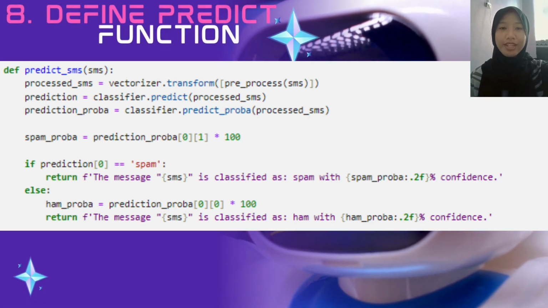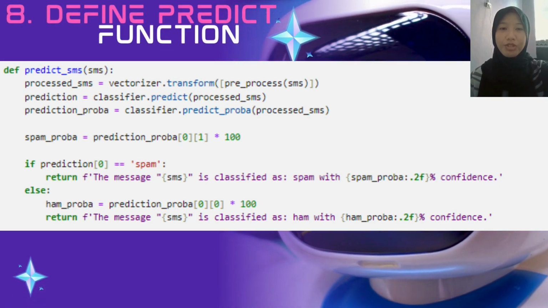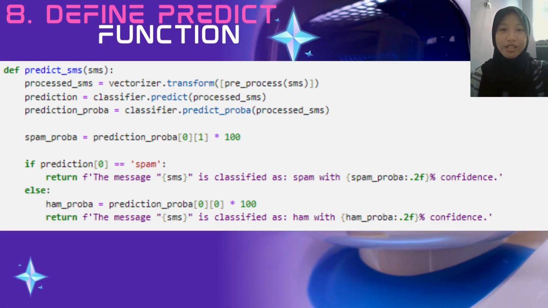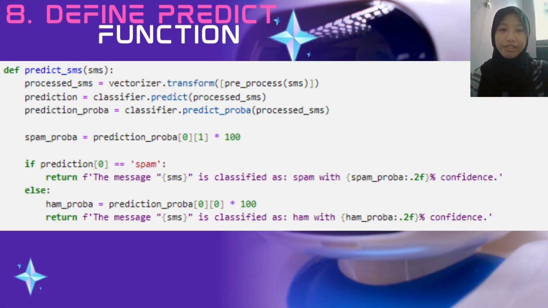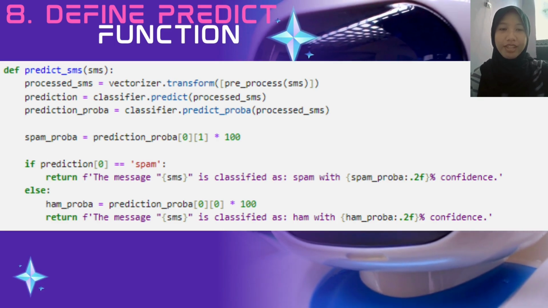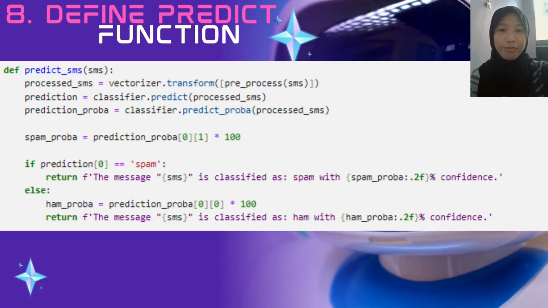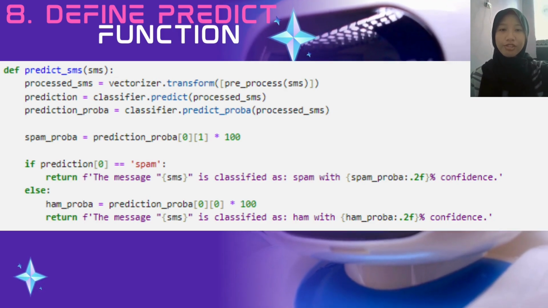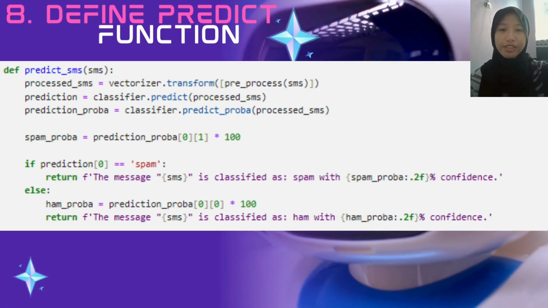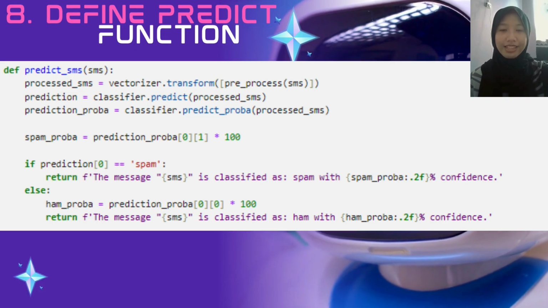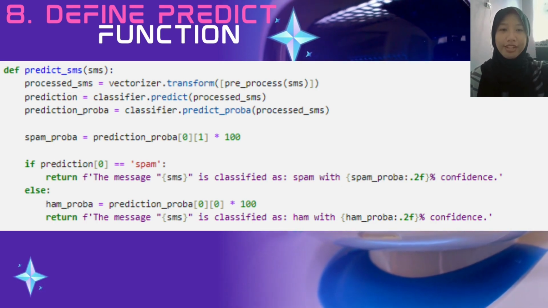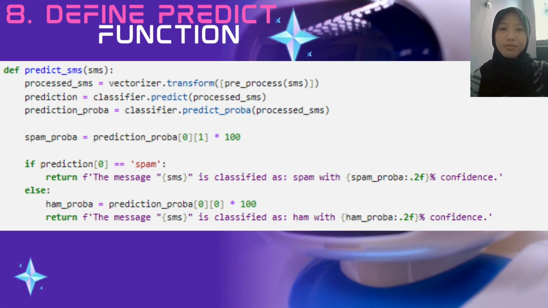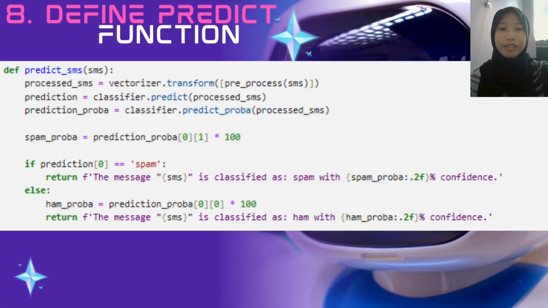To predict whether an SMS is spam or not, we use the predict_sms function. This function takes three inputs: the SMS message, a vectorizer, and a classifier. Here's how it works. First, preprocessing. The SMS message is preprocessed and transformed into a format suitable for the classifier using the vectorizer. Second, prediction. The classifier predicts whether the SMS is spam or ham, which is not spam. Third, probability calculation.